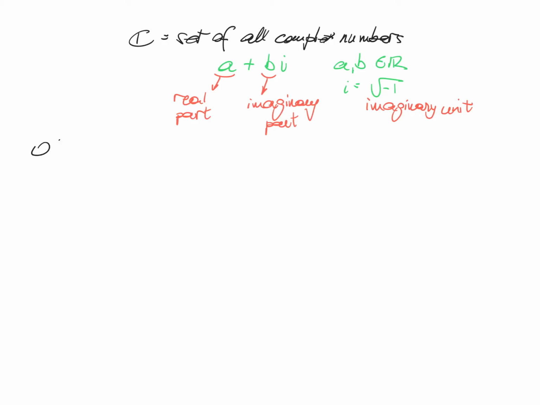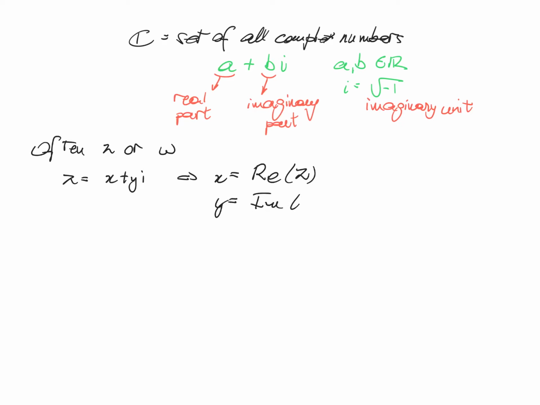We often indicate complex numbers with the letters z or w, and then we write, for example, z is x plus yi, then x is the real part, so we will denote the real part as Re of z, and y is the imaginary part, Im of z.